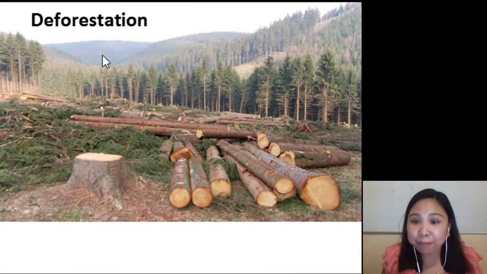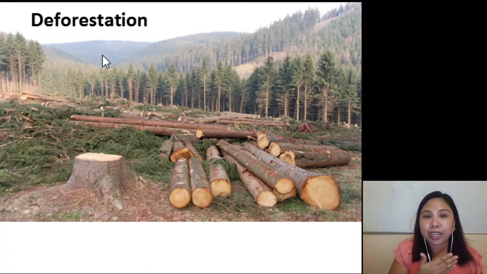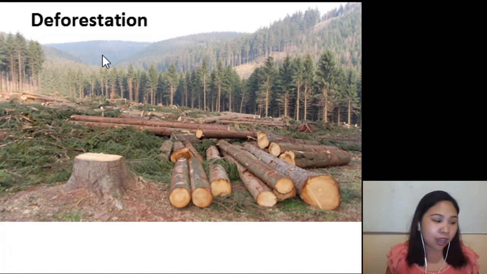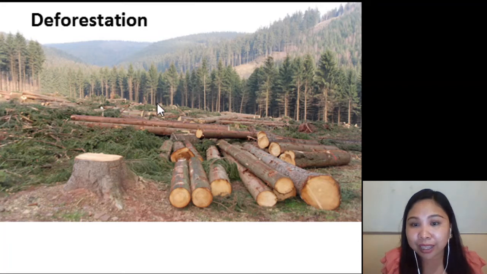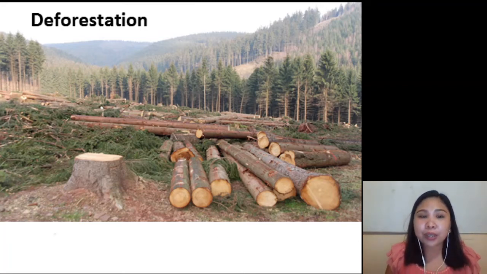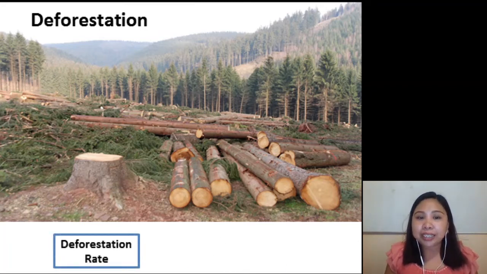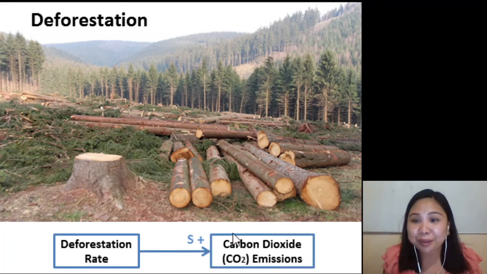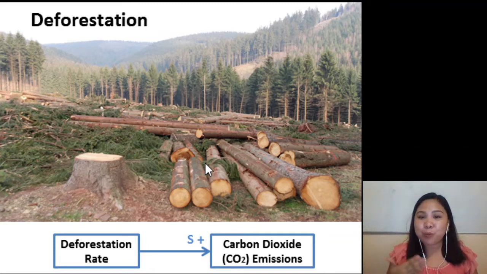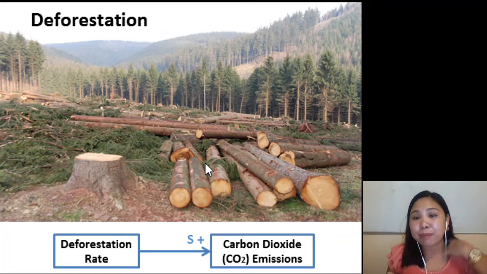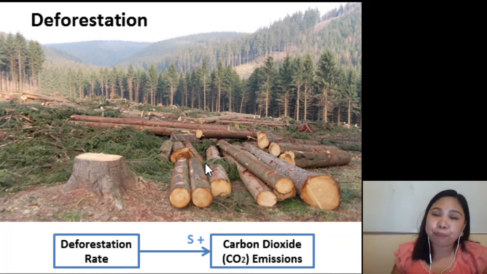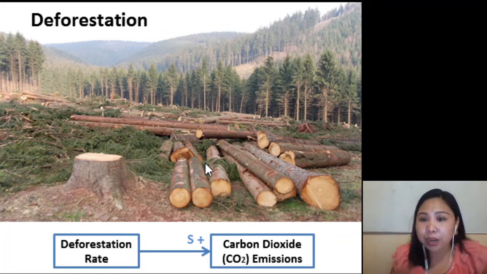Part of agriculture is the issue on deforestation, right? We already discussed this, and according to your activity, the higher the deforestation rate, the higher the carbon dioxide emissions. Right? The more we cut trees, the more carbon dioxide is released into the atmosphere, because nothing will absorb carbon dioxide through photosynthesis.